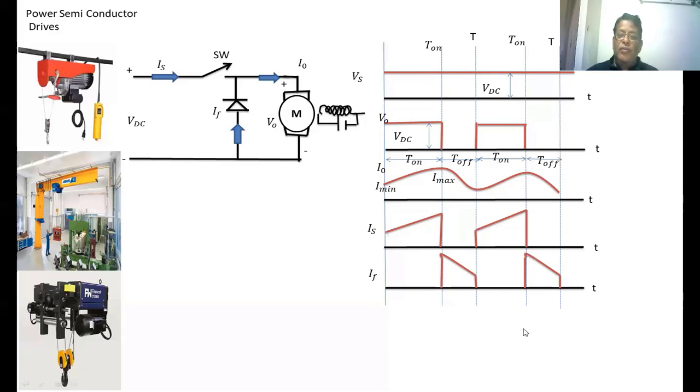Here our interest is to find the average output voltage, which is the area under the repeated curve. This is the curve which is repeating.